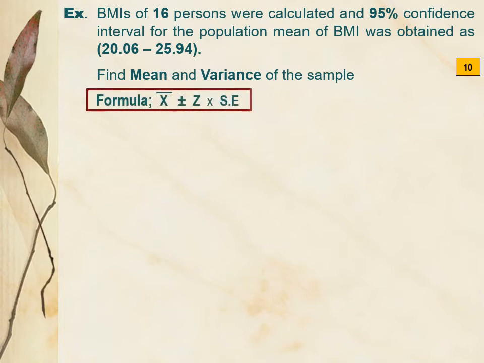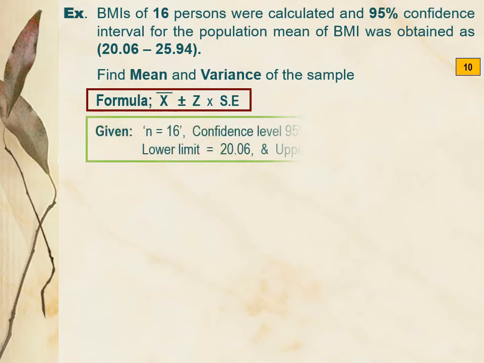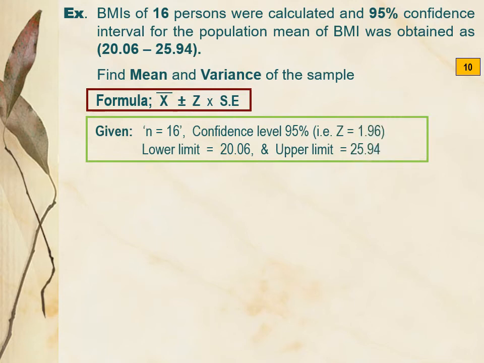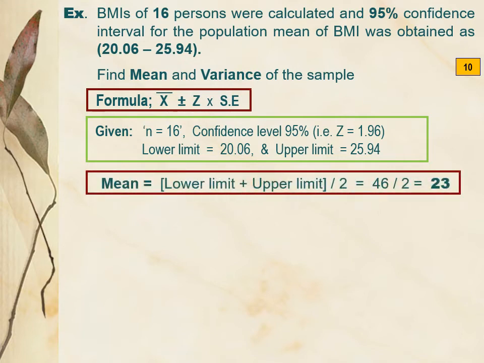The formula you know, mean plus minus Z into SE, mean minus ZSE is the lower limit, mean plus ZSE is the upper limit. You are adding and subtracting the same value to X bar, and therefore the average of lower limit and upper limit will give you the mean. You are also given n equal to 16. For 95% that will be 1.96. Get the average of the lower limit and upper limit and you will get the value of the mean.